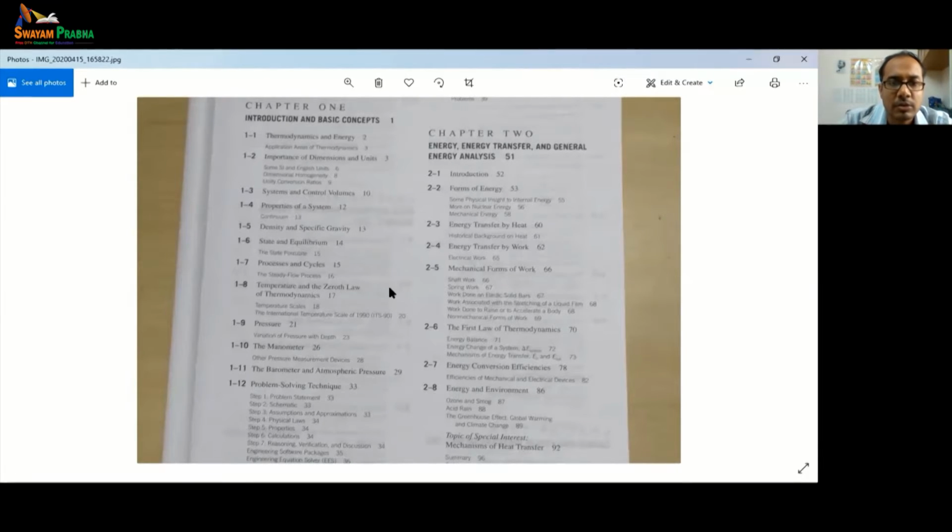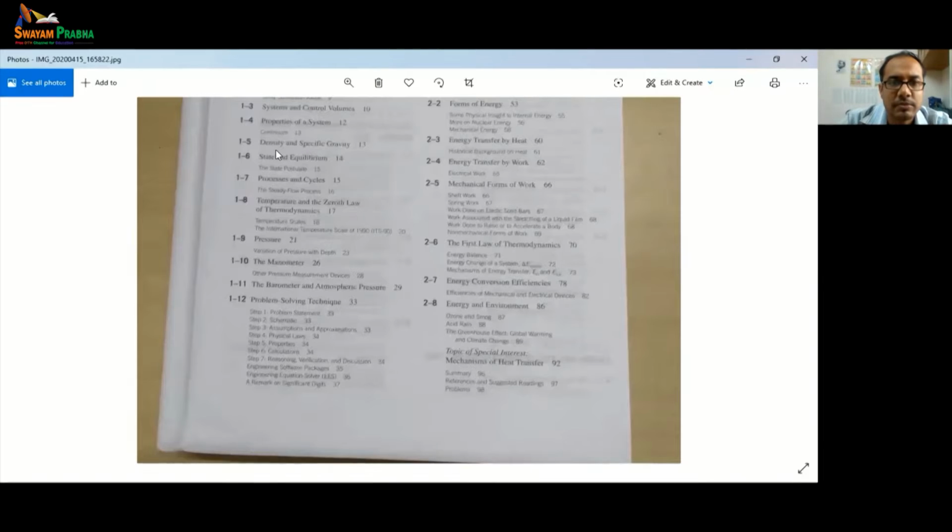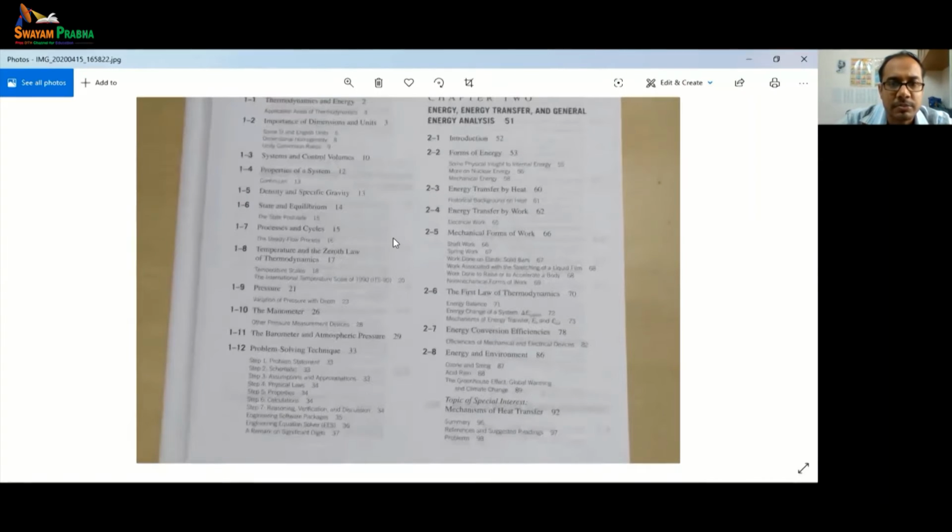We'll also go through a few definitions of density and specific gravity, the concept of temperature, which is based on the zeroth law of thermodynamics, and pressure, how to measure pressure through a manometer, and other definitions of pressure.